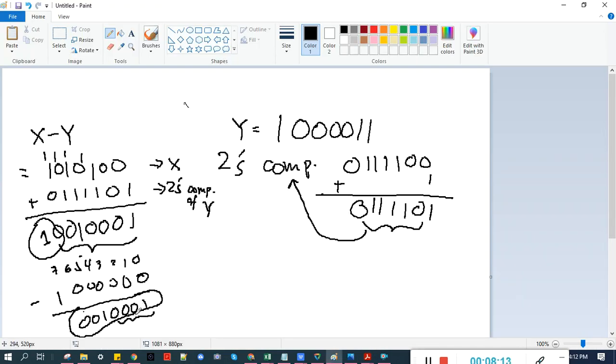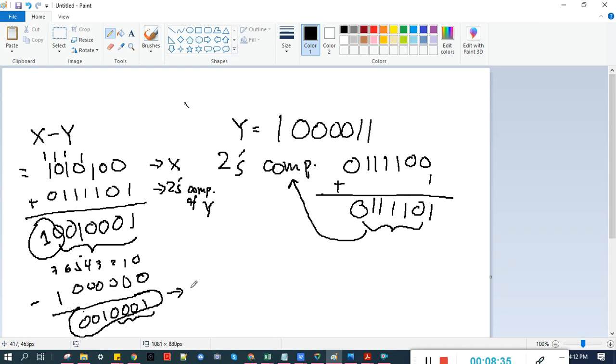What is the equivalent of this in decimal? Try to convert that into decimal. It's easier with a calculator.